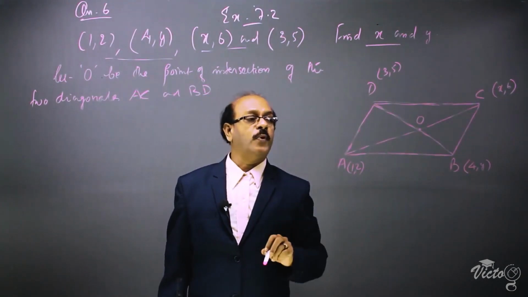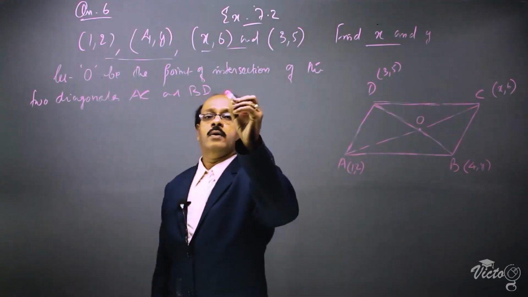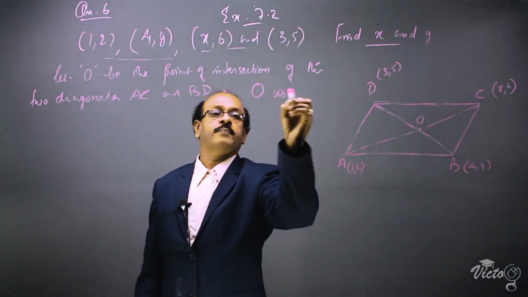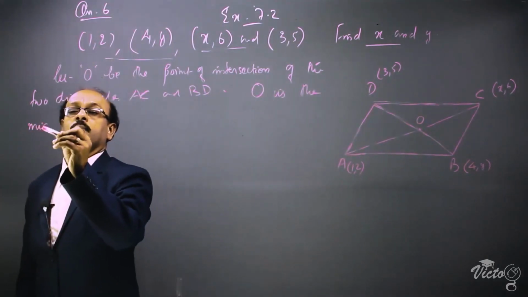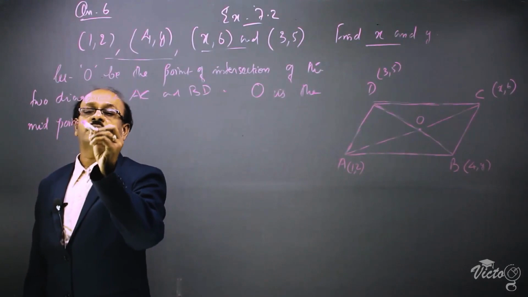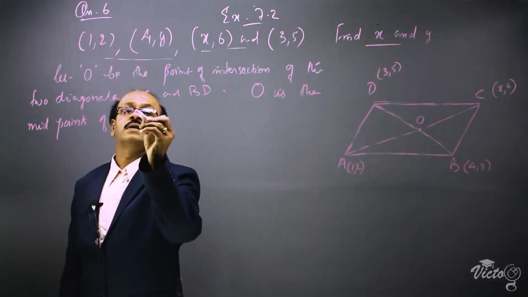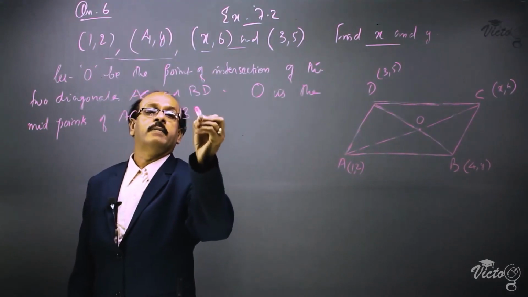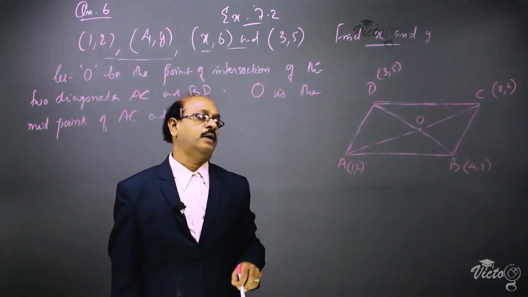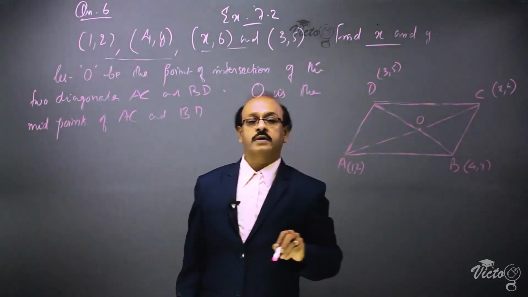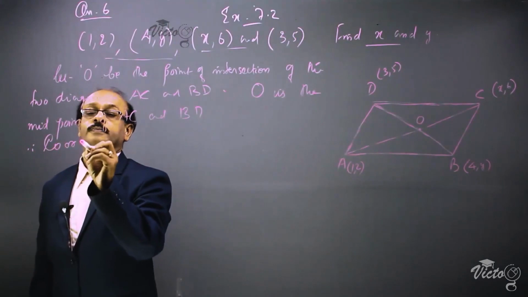Now O is the midpoint of AC and O is the midpoint of BD. So, we can find out the coordinates of O.